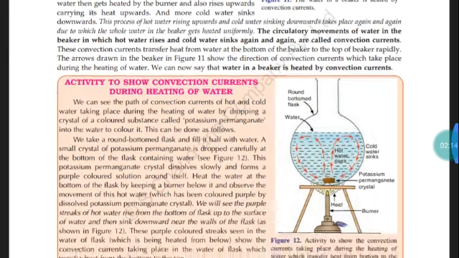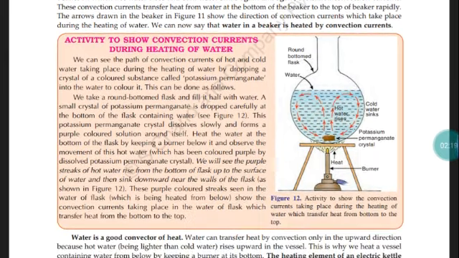Here they have shown an activity, that is showing convection currents during heating of water. So they have shown the path of convection current of hot and cold water taking place during the heating of water by dropping a crystal of colored substance called potassium permanganate into the water to color it.